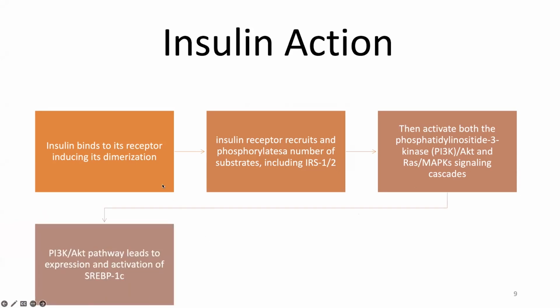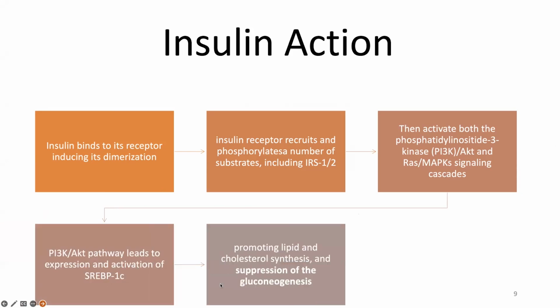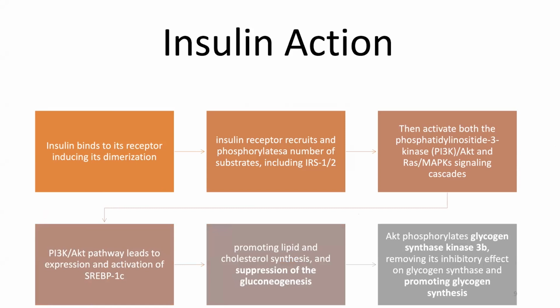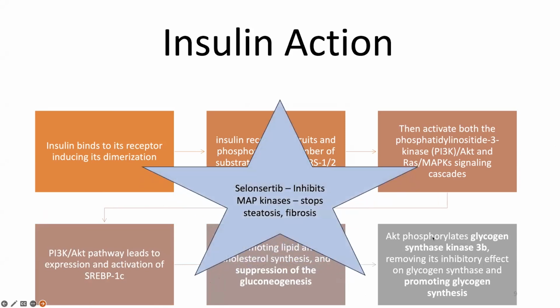This leads to stimulation of the lipogenic genes, through stimulation of the nuclear DNA fragment, which tries to have increased production of the lipogenic genes through the stimulation of SREBP-1c. That leads to even suppression of gluconeogenesis, finally leading to activation of the AKT, which is important in the metabolism of a number of processes, which I will come to.